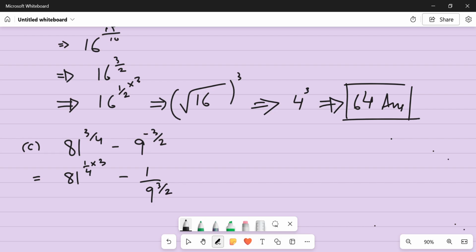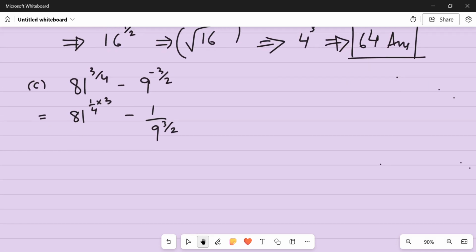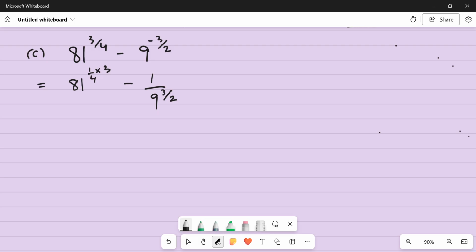Okay. So now this one is 81. 1 over 4 means the radical value is 4 here. 3 is the power. Okay. Minus 1. 9 is supposed to be 1 over 2 times 3. Okay.